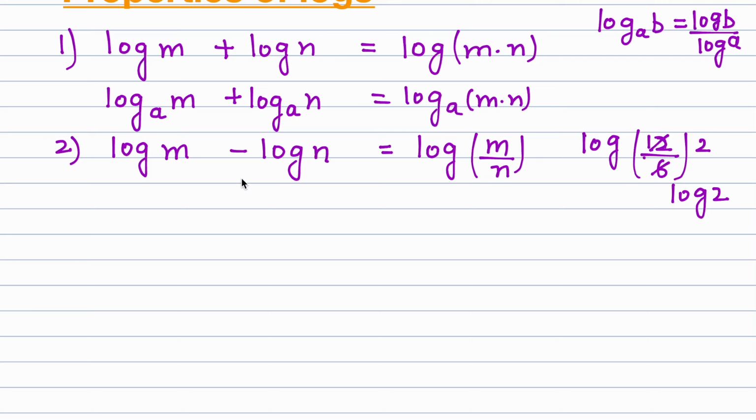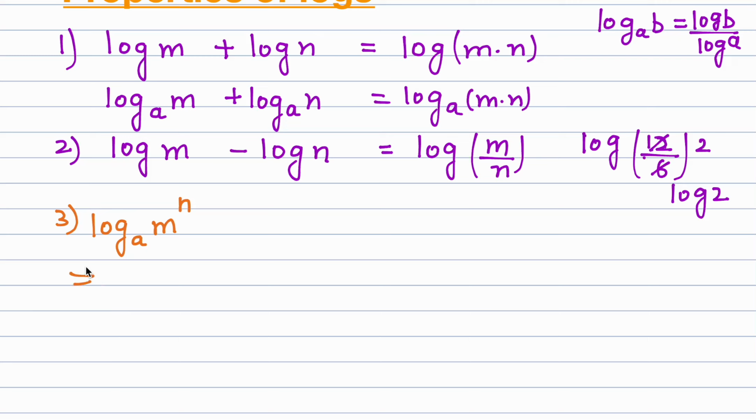Okay. Now let's come to the third property. It is log base a of m to the power n. Now be careful. It is n is the power of m only.